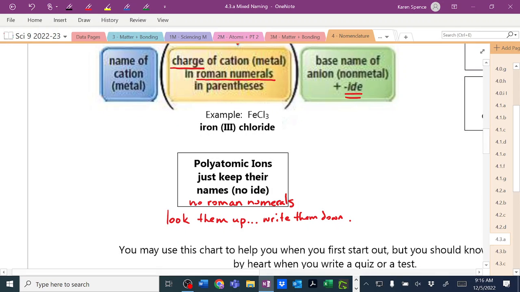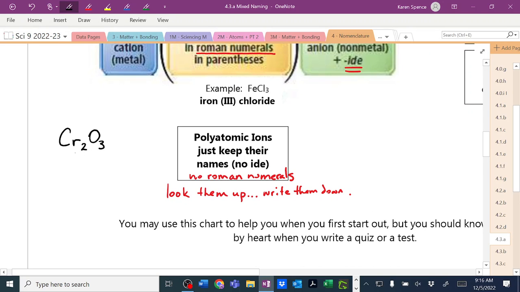And do you remember how to find the Roman numeral? Would we like a quick review of that? Yes? Okay, so let's say we had Cr2O3.